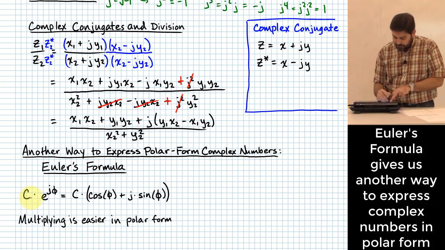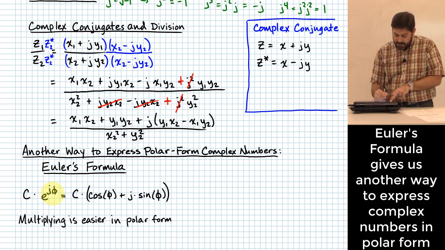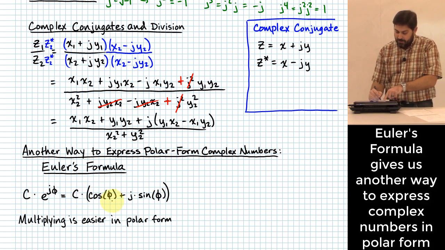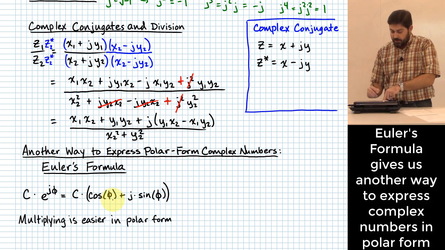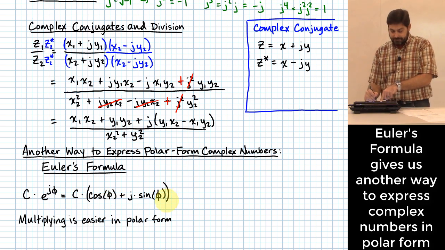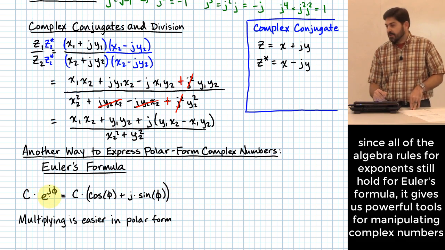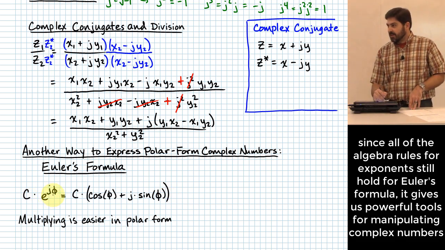All right? So if you take the coefficient of e raised to this imaginary unit times the number, it is the same thing as that amplitude c multiplied by the cosine of that number plus j times the sine of that number. And what's great about this is that all the rules of exponents that we are accustomed to carry over.